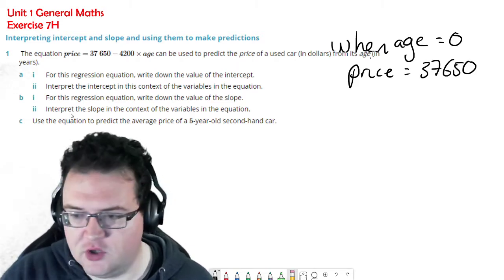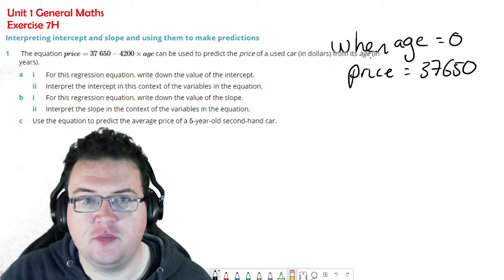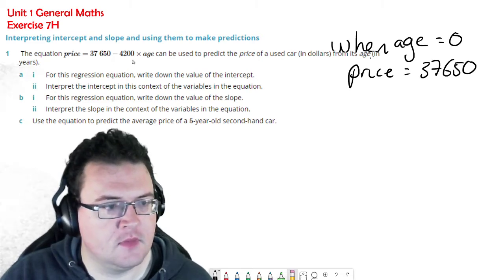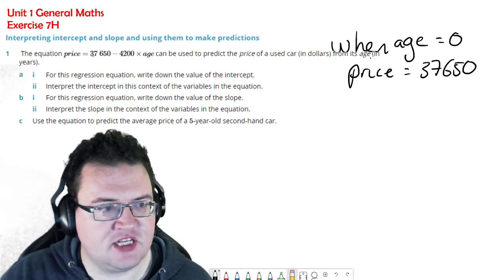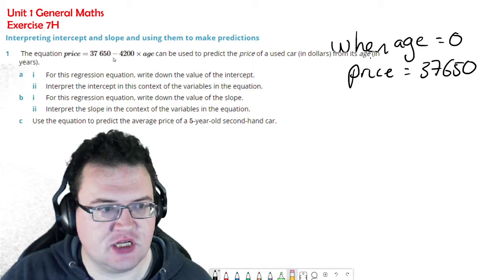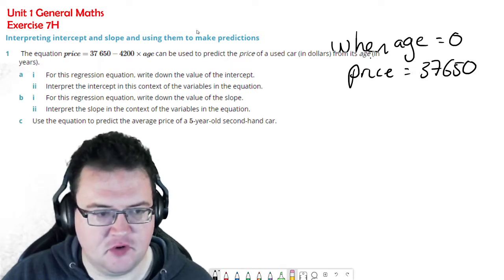What value are we looking for when we are looking for the slope of our equation? All right, so if 37650 is our intercept, then our slope is going to be the number that is attached to the x variable.